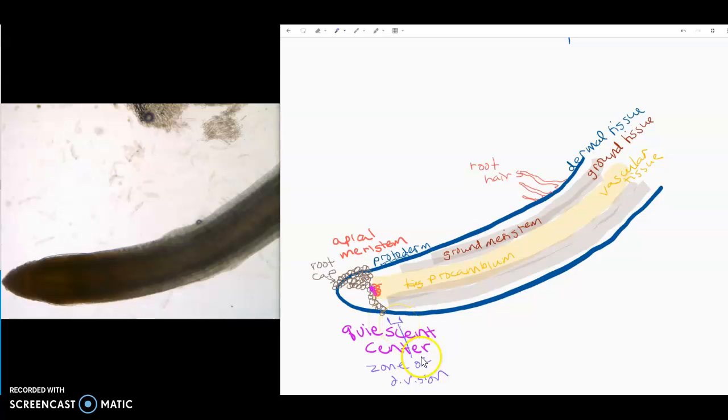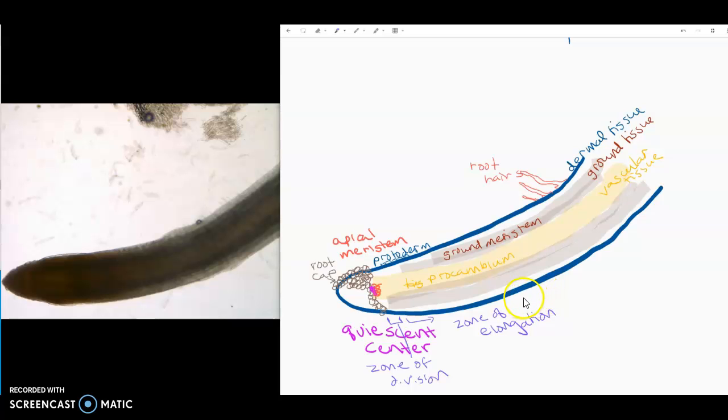Okay, the zone of division. The zone of elongation is just behind the zone of division.